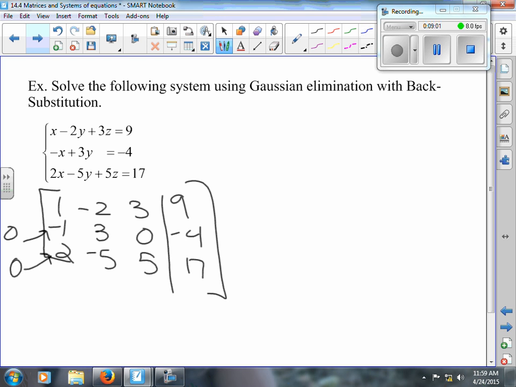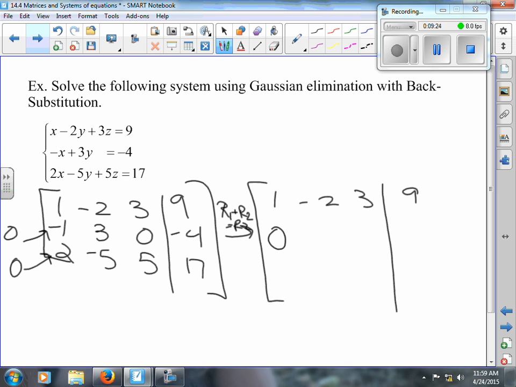I need to eliminate the x coefficients, the x terms. I'm not going to change my first row, it's okay. So I'm going to keep it 1, -2, 3, 9. Then on the second row, I'm going to take the first row plus the second row, and that is my new second row, because I already have 1 and -1.